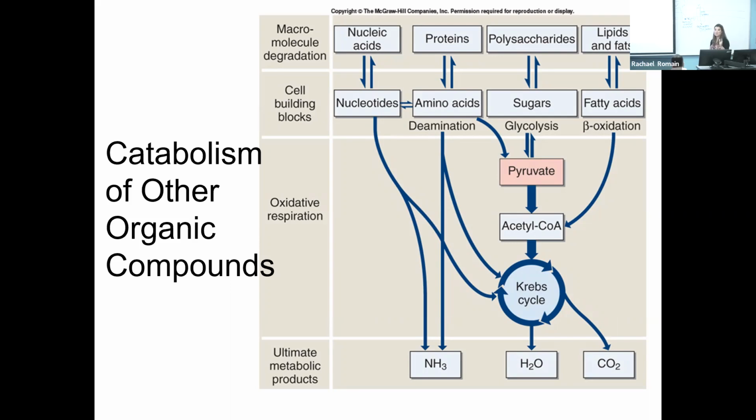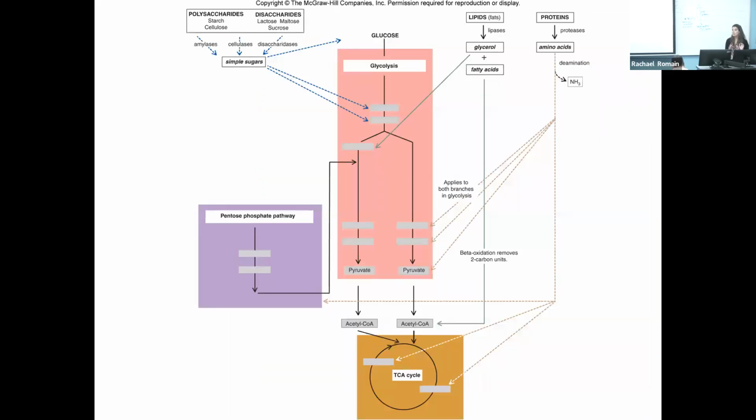All of your cells are also doing this process. This is literally the exact same thing as the last diagram, just putting it in a different way, okay? You can break down all kinds of other components to feed into parts of this.